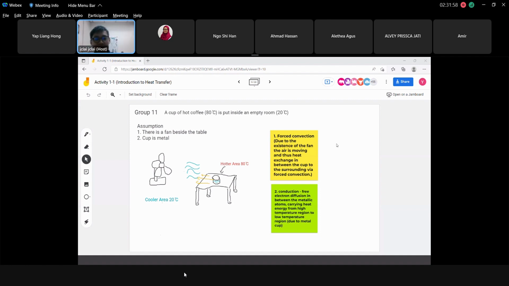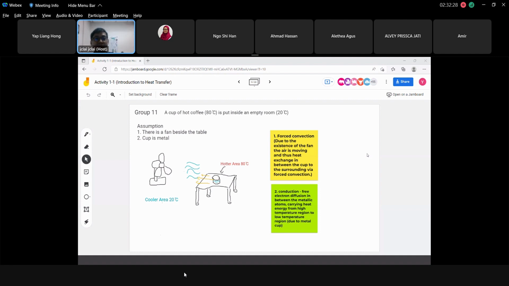With the rate of the moving air. So the speed of the fan, right? So meaning after this in chapter 2, you will also see that when the velocity of the moving air increases, your heat transfer rate will also increase, right? Okay, good. What else?